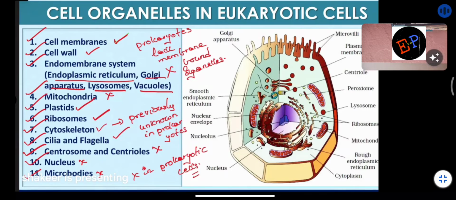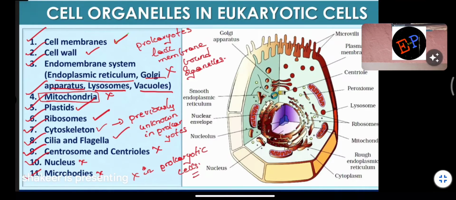See here, mitochondria are absent in prokaryotic cells. Previously it was believed that the cytoskeleton was absent in prokaryotic cells, but the latest research has found that even prokaryotes have a cytoskeleton. That is out of syllabus, just for your information.